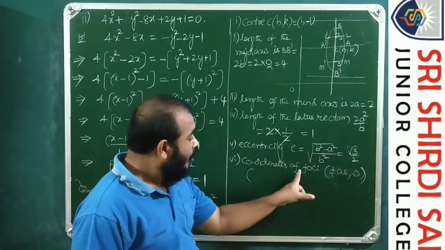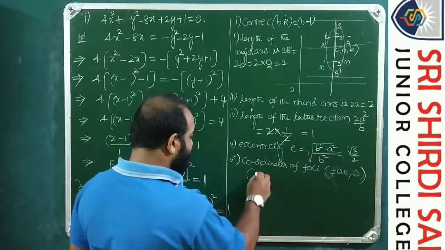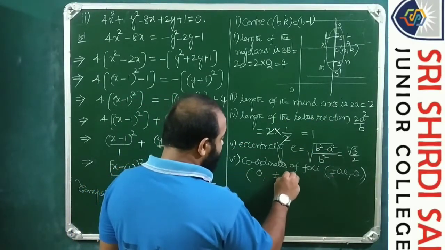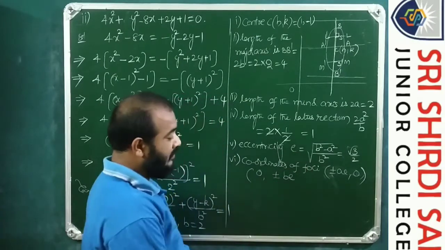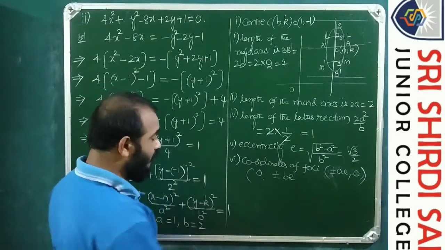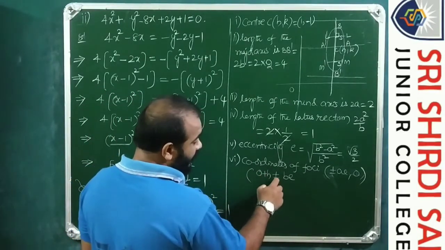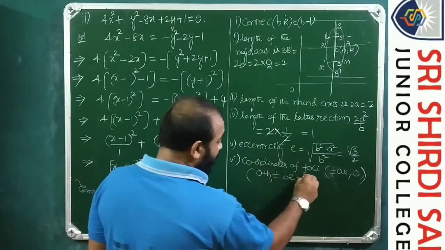But for a less than b, 0 comma plus or minus BE. But since the center is not at the origin, therefore with 0 h will be added, and with plus or minus BE k will be added.